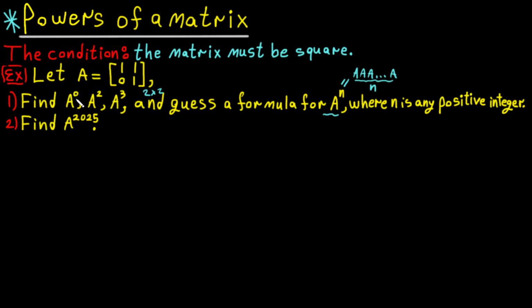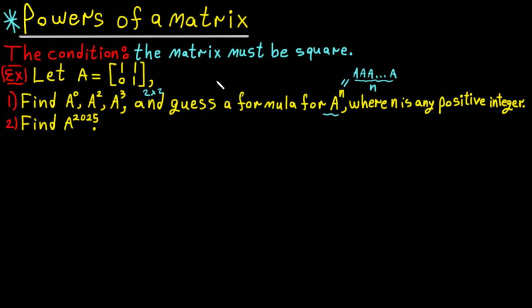So here A^0 is equal to the identity, which is of size 2 by 2, similar to a number with power 0, which is 1. For example, 5 to the power 0 is equal to 1. Here it's the same thing, but for a matrix the answer will be the identity matrix.